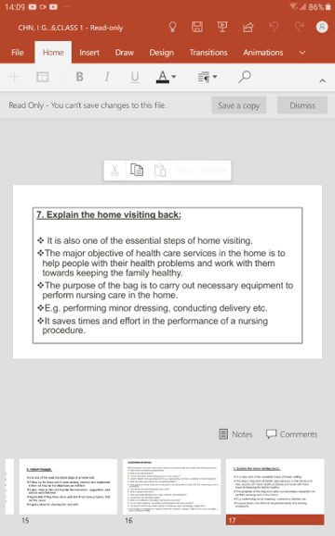So if the person currently has some injuries, we can give first aid, so that kit will also be there along with the community bag, okay. Some minor dressings and the delivery kit for conducting deliveries will be there in the community bag.